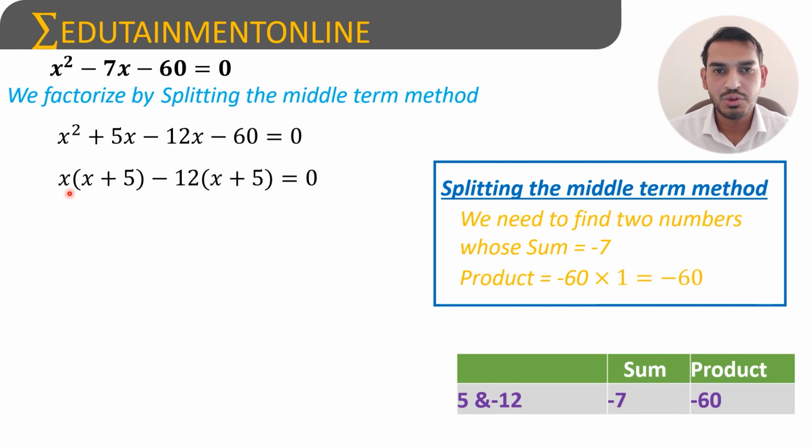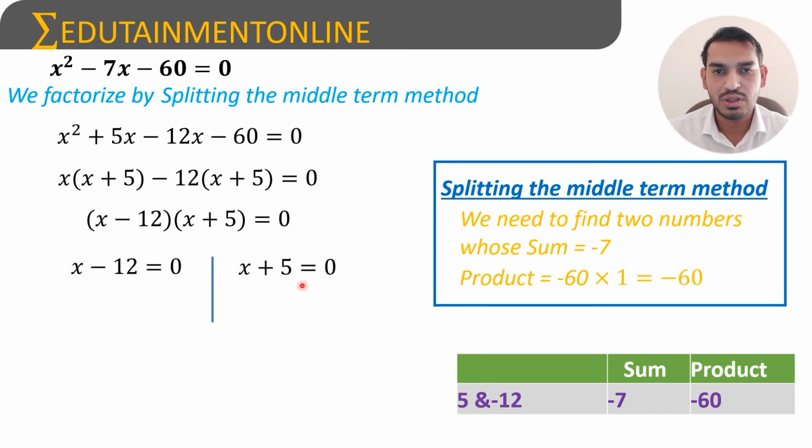Now x into (x plus 5) minus 12 into (x plus 5) equals 0. We can take (x plus 5) common. Then x will remain here and minus 12 will remain here. Now x minus 12 equals 0 or x plus 5 equals 0. So x equals 12 and x equals minus 5.